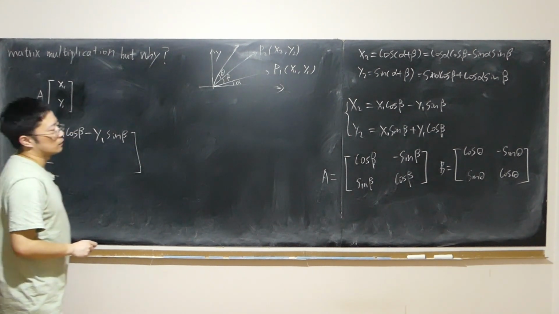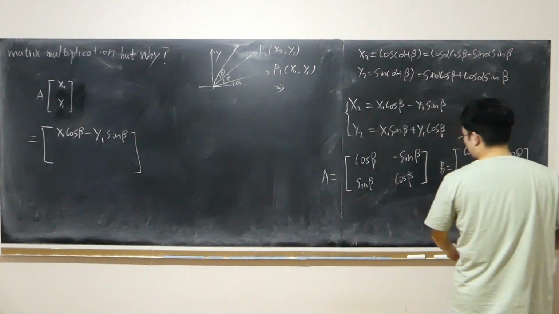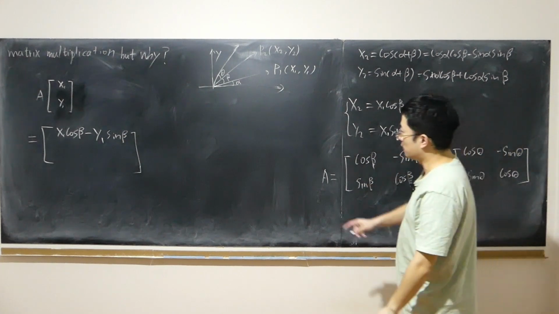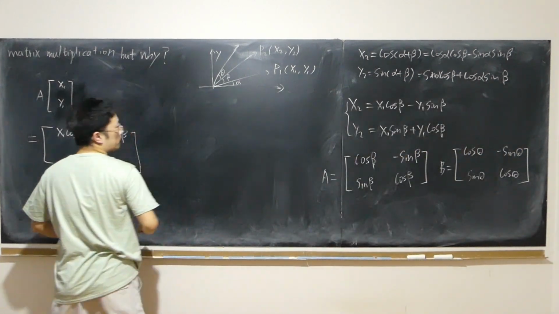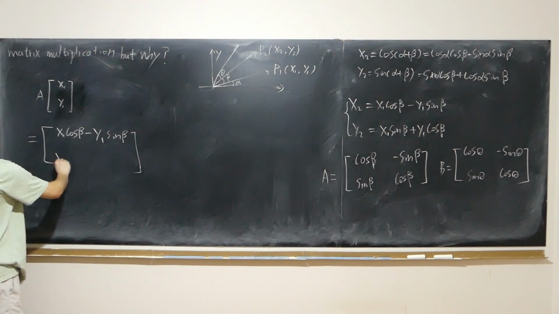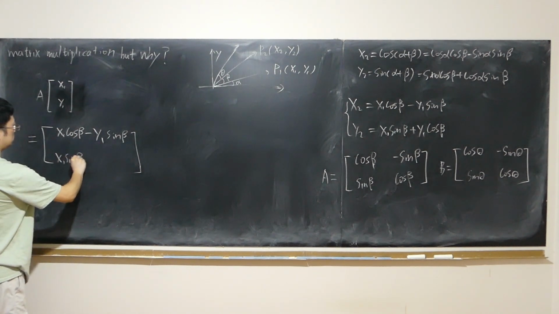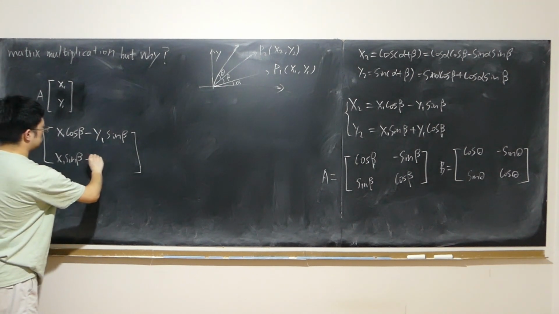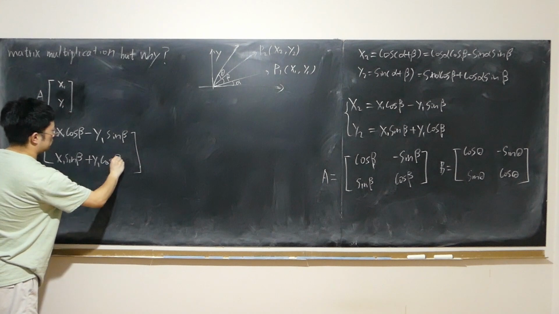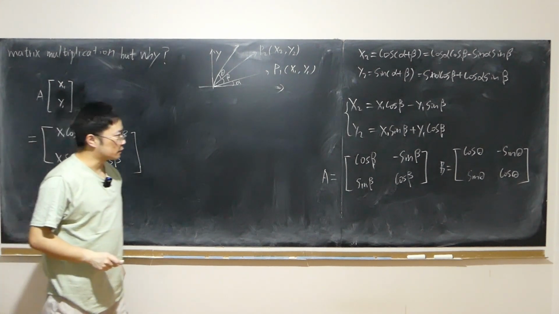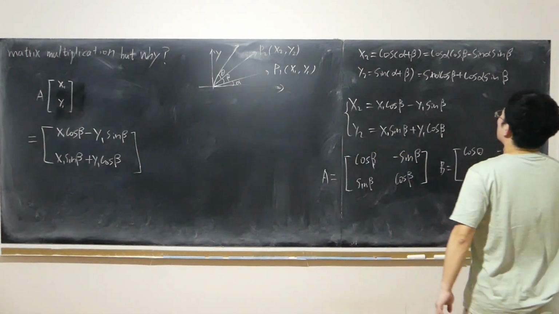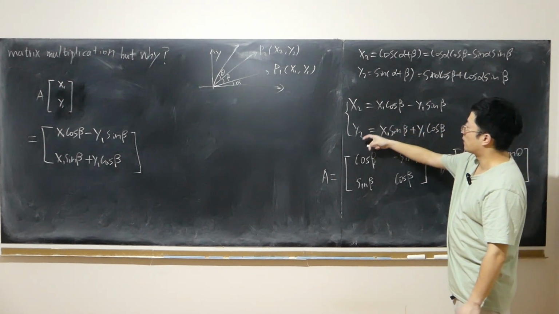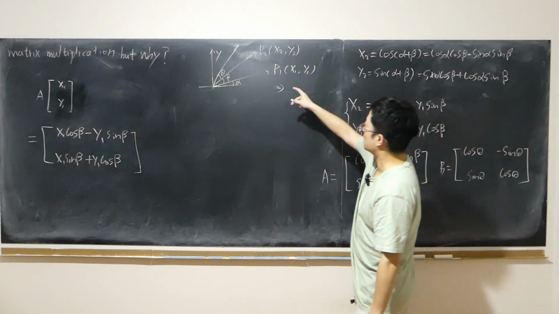For the second entry, take the second row and multiply by this column: x1 times sine beta plus y1 times cosine beta. So this is exactly the coordinates x2, y2, that is, the coordinates of P2, this point.